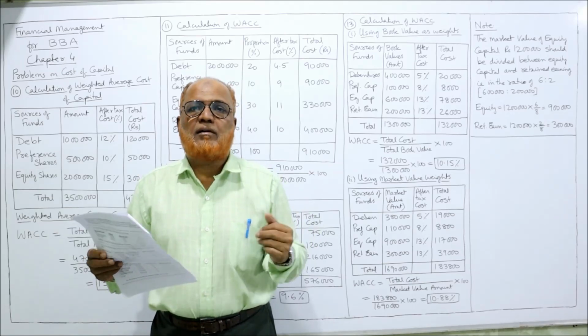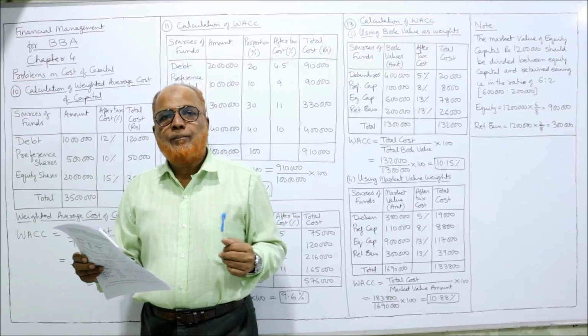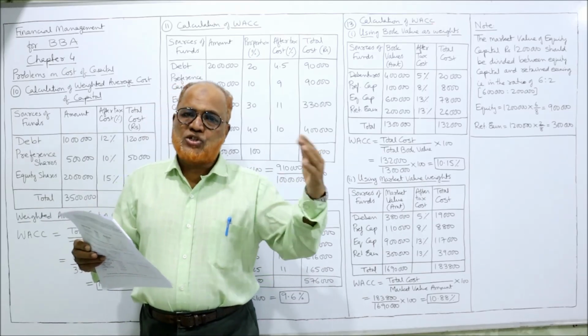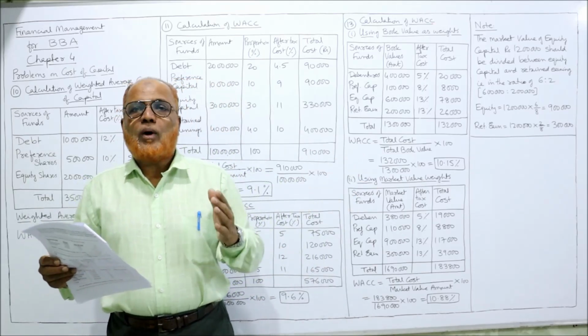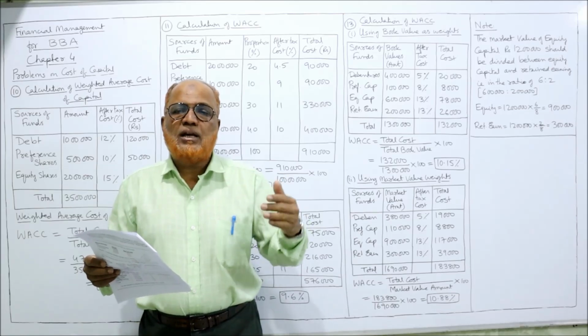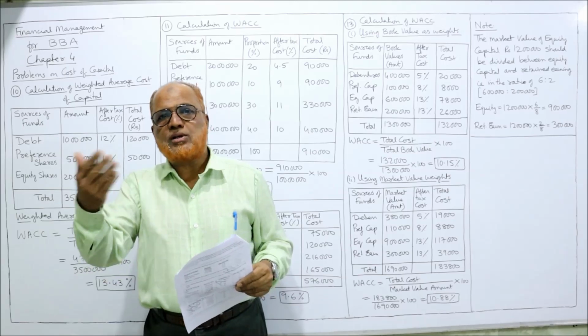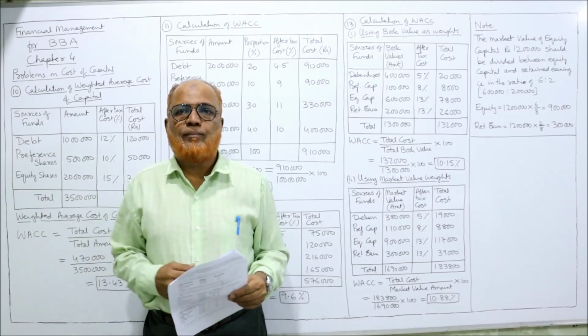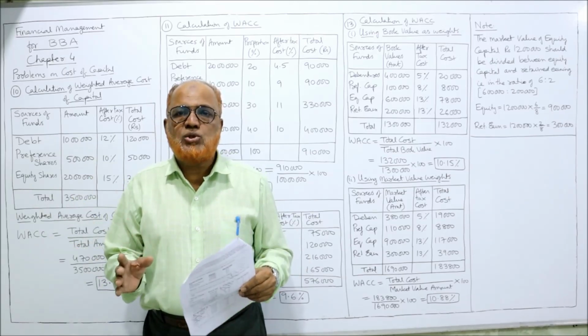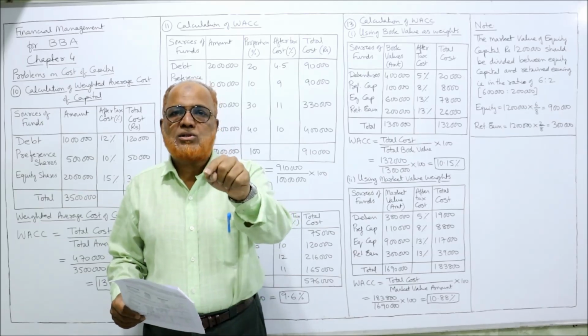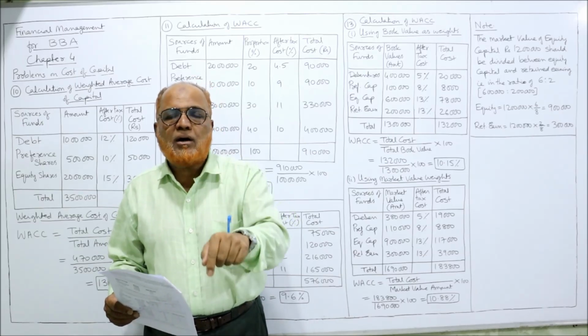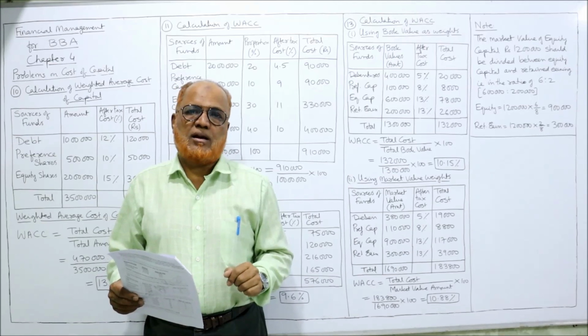In our problem, what is the rate of tax of shareholders? Not given. What is the flotation cost incurred by the shareholders when they purchase or sell the security? Not given. In that case, we assume whatever is the cost of equity will be the cost of retained earnings.